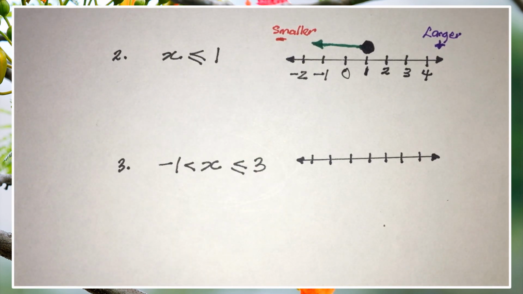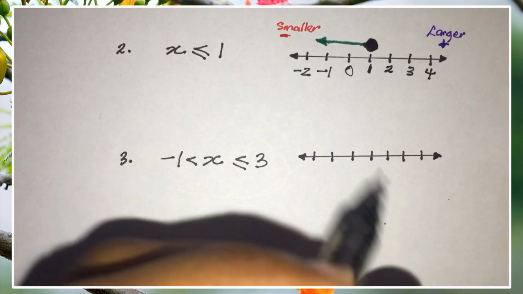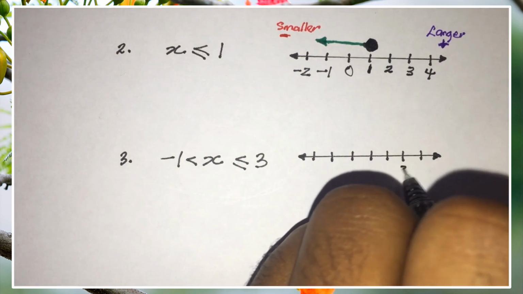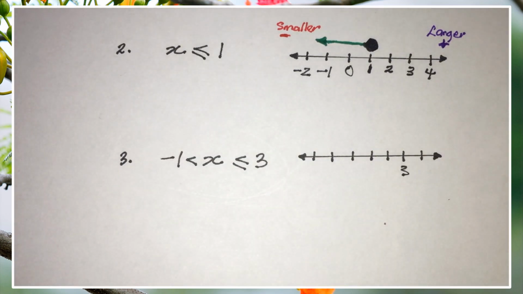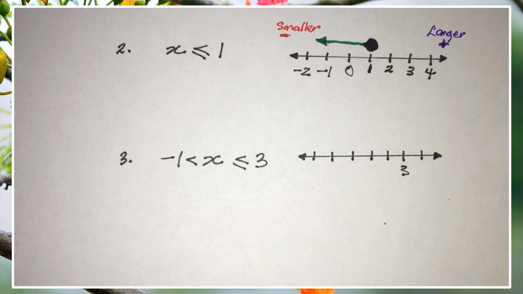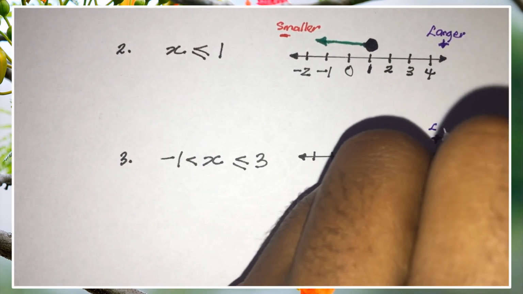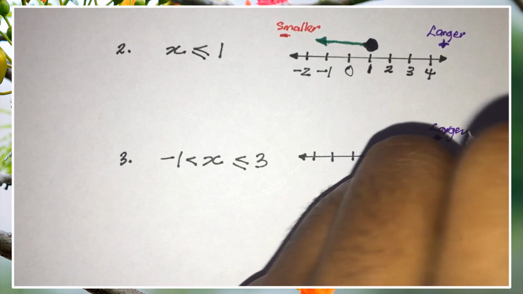Great. So what I like to do, as I tell you, is to start off with these input values. So I'm going to put 3 here, and then I'm going to put some other numbers around it. Going this way, it should get larger. So I'm going to put my plus sign here, and it means it's going to get larger on that side.